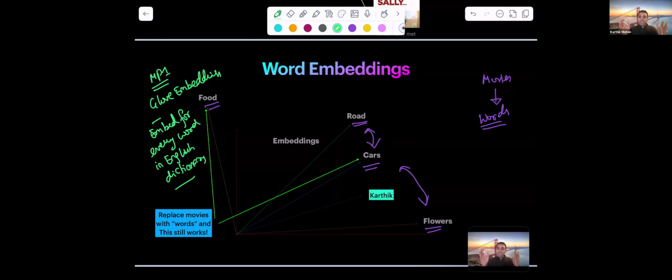Every single word in the dictionary would have an embedding through the GloVe embeddings library that you'll get to use in mini project one. And LLMs also, if you use LLM based embeddings, they can almost embed any sentence with any kind of words, regular words, slang words. You can get an embedding through these models, and then you can use it in a similar way for semantic search.